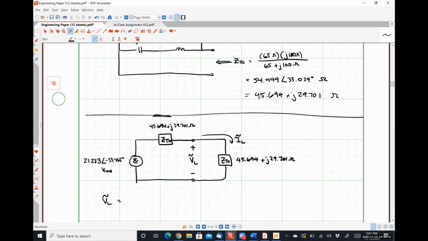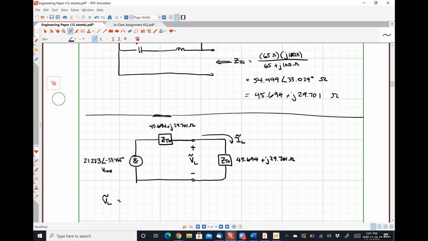Sure. So our Thevenin voltage source sees two identical impedances in series. So what's your name? Braden? Race. Okay. Race has suggested that we simply divide the voltage by 2, which is effectively just applying voltage division, and he's absolutely correct.